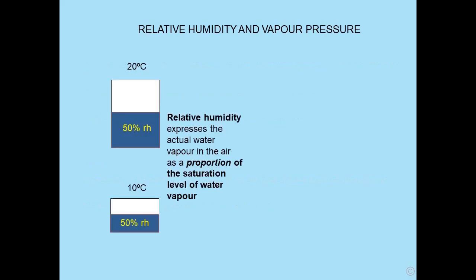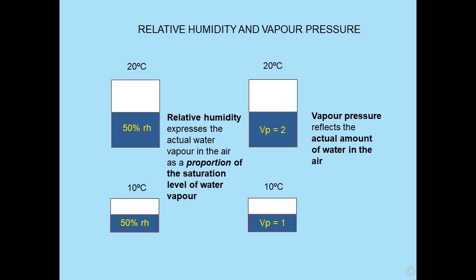On the left, relative humidity expresses the actual water vapour in the air as a proportion of the saturation level, and this can clearly be seen in the two diagrams to the left. 50% RH at 20 and 50% RH at 10. However, if we deal with vapour pressure, that reflects the actual amount of water in the air.